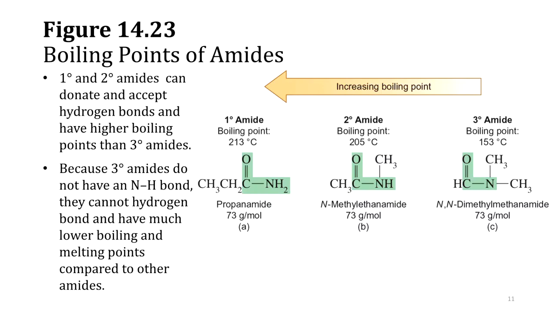Here we're comparing three different amides, a primary, a secondary, and a tertiary amide. They're all the same molar mass. We've just rearranged the atoms. The tertiary amide has two methyl groups, and that has the lowest boiling point. There's no hydrogen bonding occurring here.